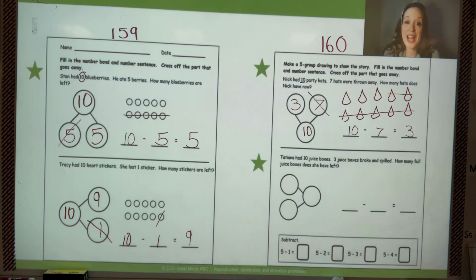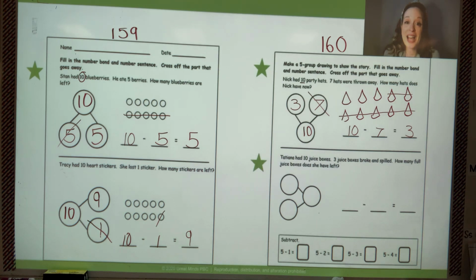Okay, now this last one you're going to do on your own. Miss Cates is not going to stay on with you today because I need to get out front to pass out materials, but I will read you the number story. Tatiana had 10 juice boxes. 3 juice boxes broke and spilled.